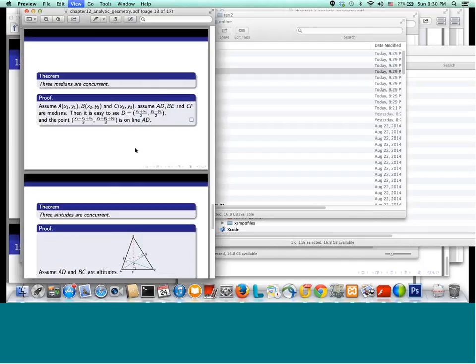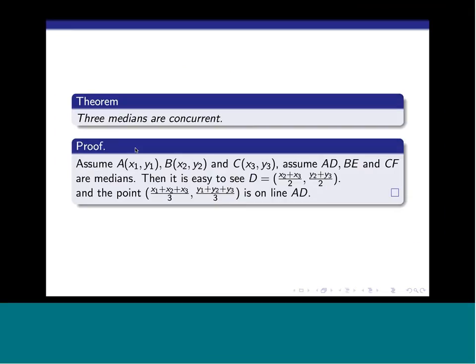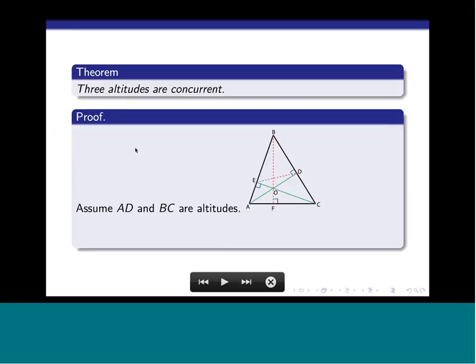Okay. So it's very easy to prove it. Then another thing you can prove, for example, is that the altitudes are concurrent.